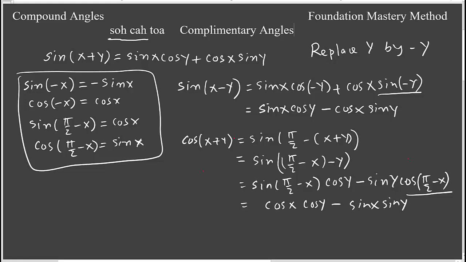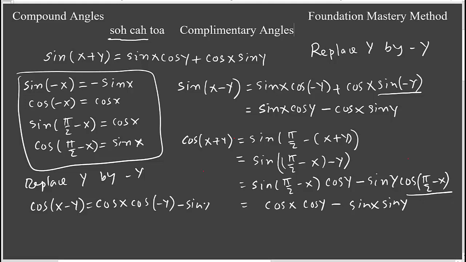What is the fourth one? If we again replace y by negative y, we get cosine x minus y, and in the final result we replace y by negative y. So we get cosine x cosine negative y minus sine x sine negative y.